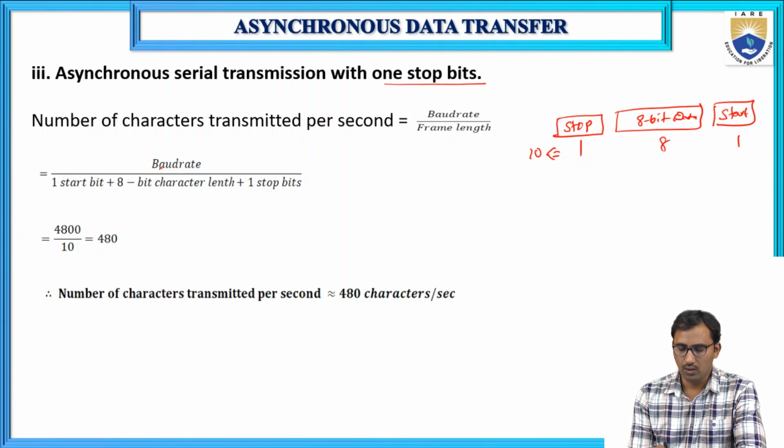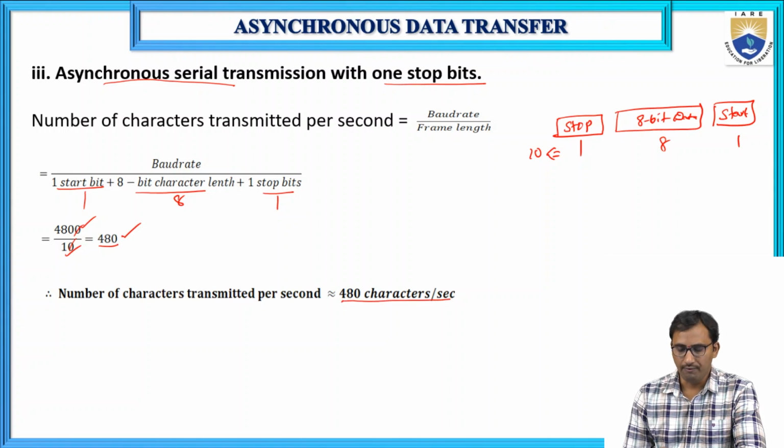So that is equal to baud rate divided by one start bit, 8-bit character length, and one stop bit. So total 10. So 4800 baud rate by frame length 10, you will get 480. That means in asynchronous serial transmission with one stop bit, we can transfer 480 characters per second.